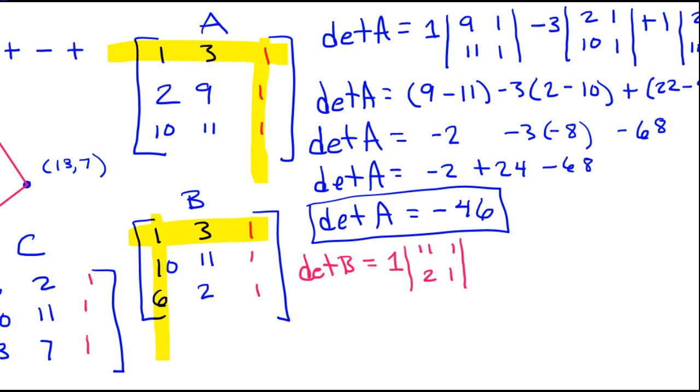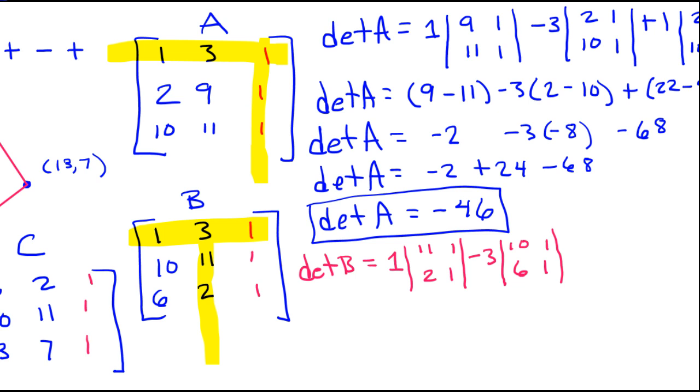But now when I move on to my second cofactor, which will be 3, I'll be canceling out this column. But instead of putting 3, I'm going to put minus 3. I have to change that one. And then my minor determinant will be 10, 1, 6, 1.